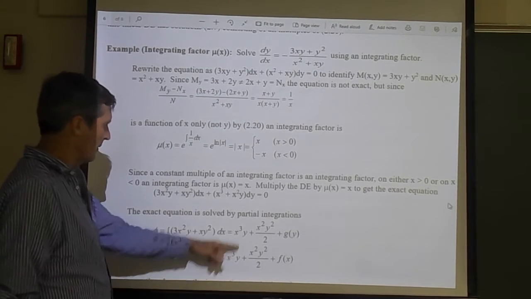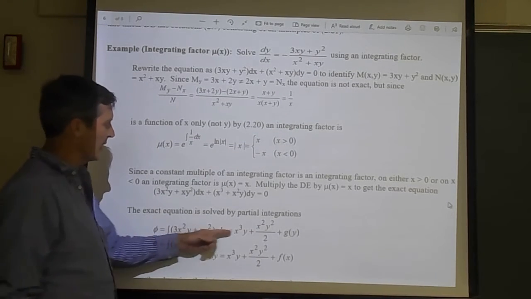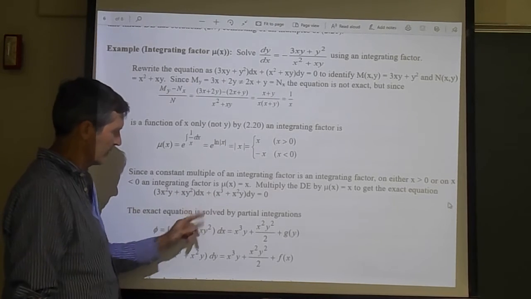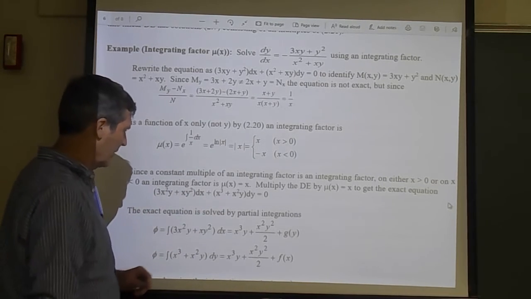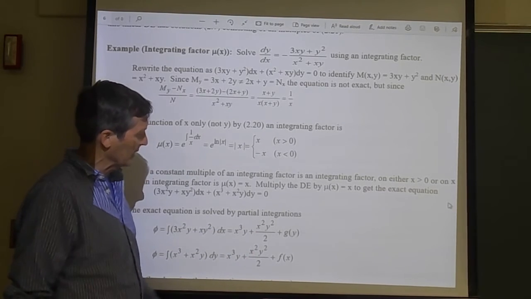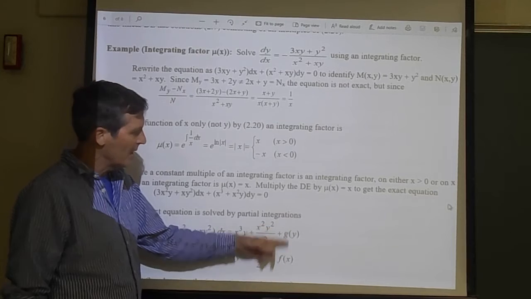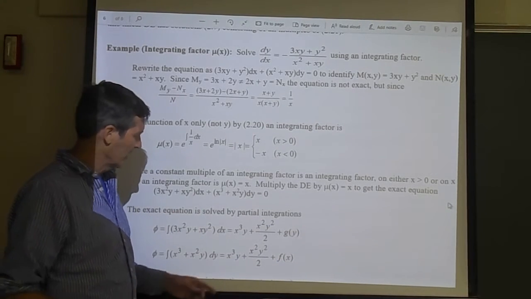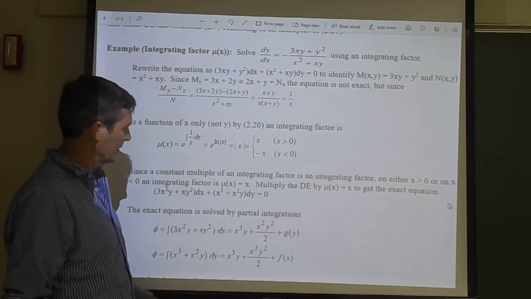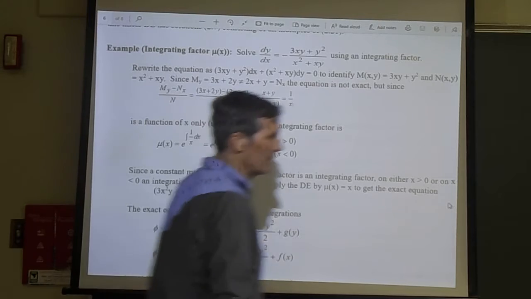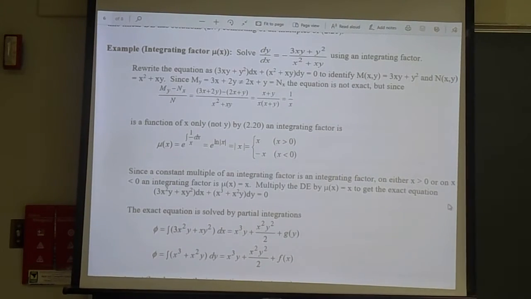And now here we have that phi has to equal this because of the partial integral here. Phi has to equal this because of the partial integral here. These two terms match, these two terms match. This time there's nothing left over, so f of x and g of y can only be something that doesn't depend on either x or y. An arbitrary phi is x cubed y plus x squared y squared over 2 plus c, not depending on either x or y.